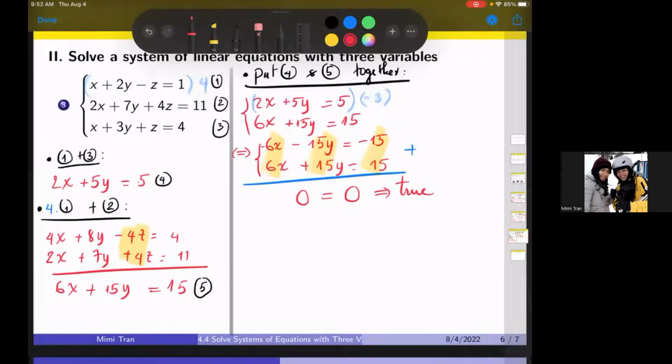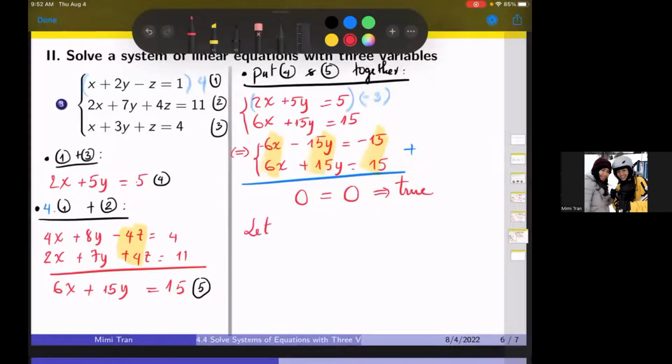Okay, so I'm gonna pick equation 3. I'm gonna let z equal t and y equal s. You don't have to, but it's called a parameter.